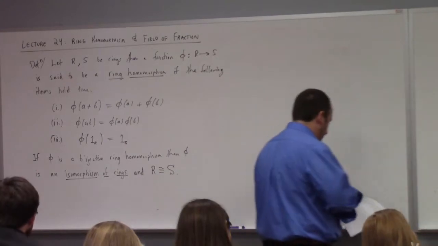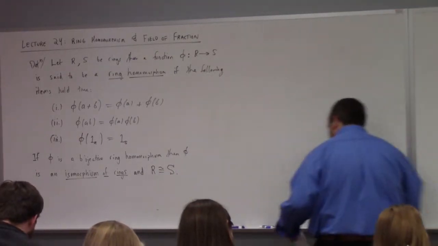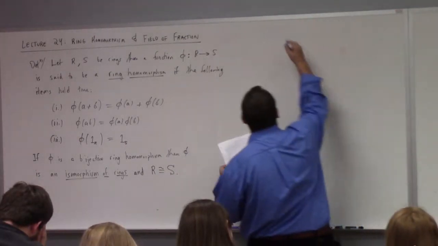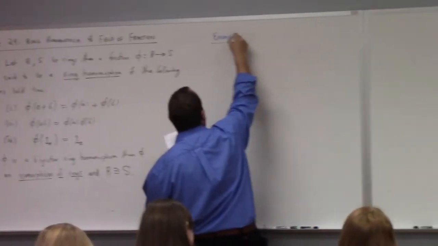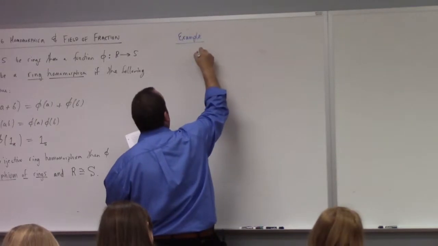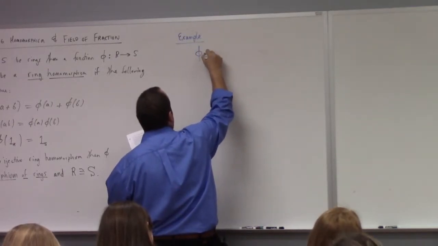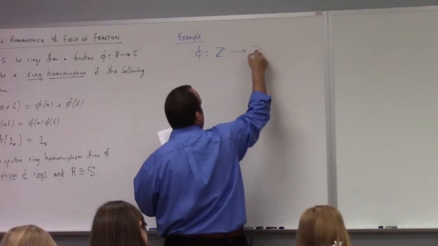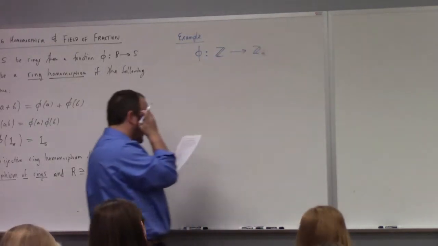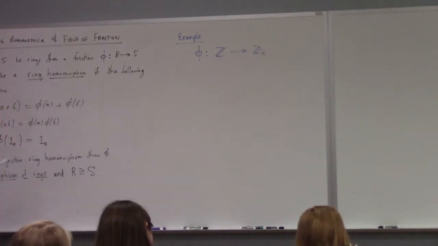So let me look at an example. So let's look at the mapping phi going from the integers to the integers mod n, right?